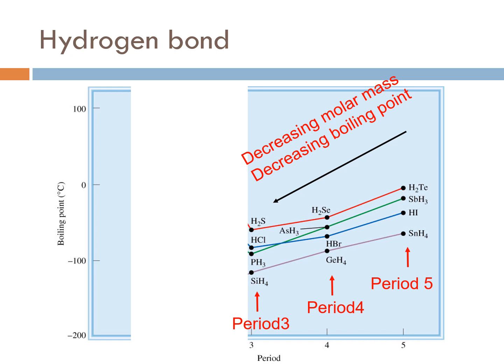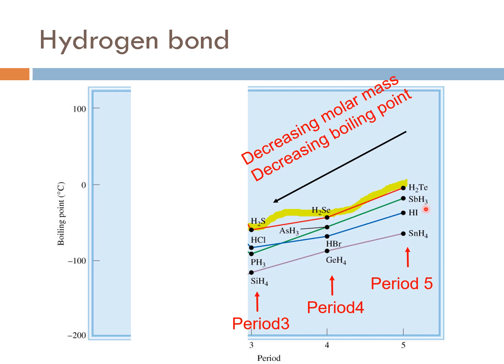So for example, the red line connects hydrogen compounds of elements that are in the oxygen group, so group 16, and so forth. So for example, the blue line connects hydrogen compounds with halogen, and so forth.